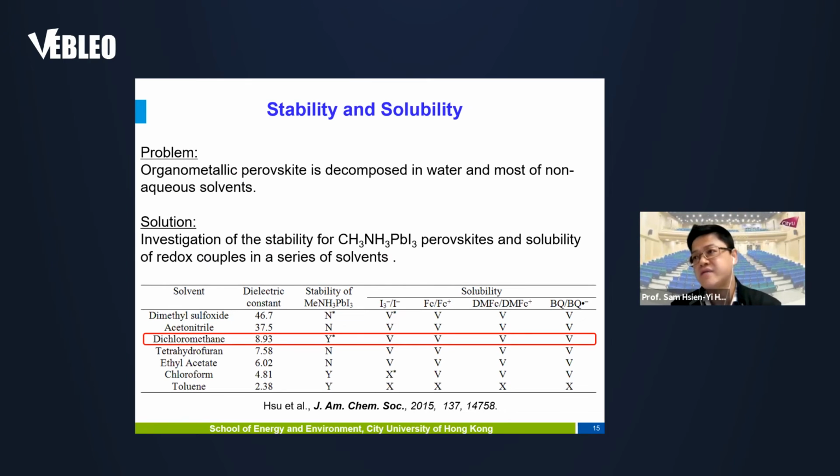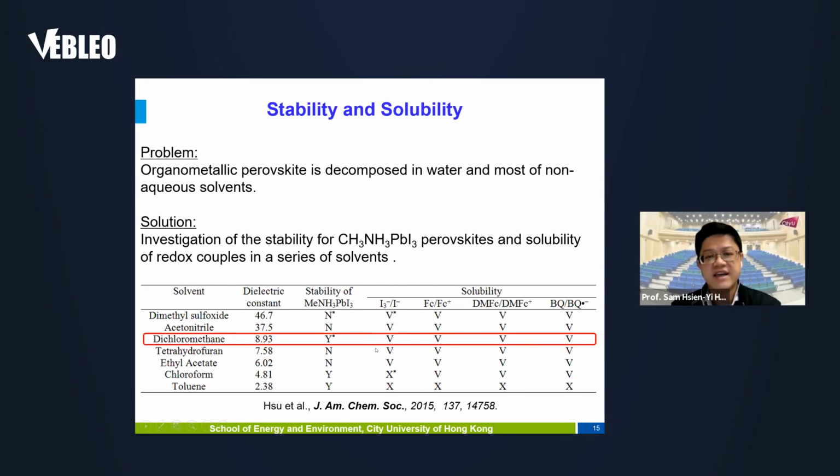In order to apply the hybrid perovskite in liquid junction PEC solar cells, we investigated a series of solvents and redox couples. Finally, we confirmed dichloromethane is the best solvent for liquid junction PEC solar cells.